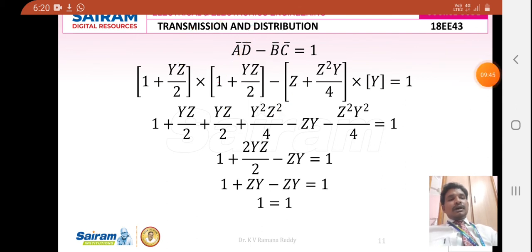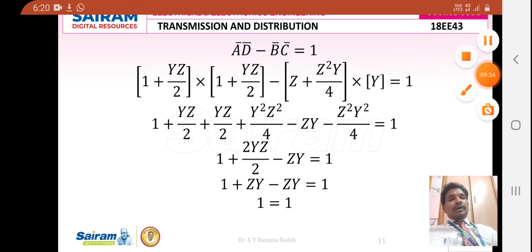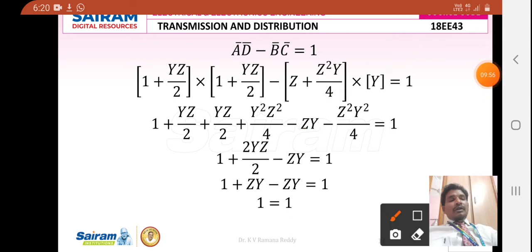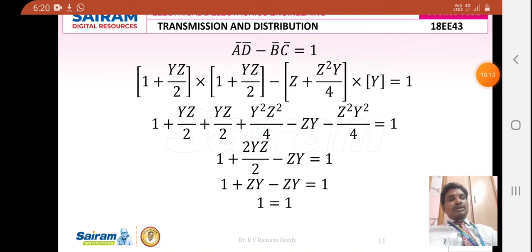Then similarly, minus ZY, minus ZY, and multiplying Z squared Y/4 with Y gives minus Z squared Y squared/4, which is equal to 1. In this equation, minus Z squared Y squared/4 plus Y squared Z squared/4 cancel each other. The remaining equation follows like this.